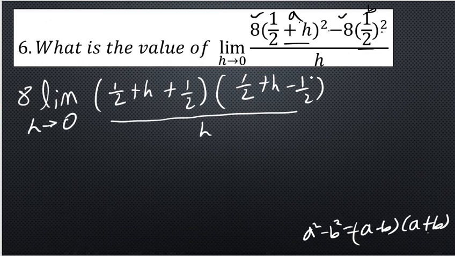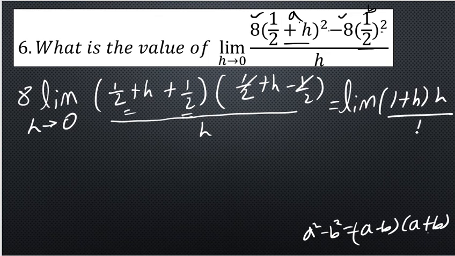Therefore here 1/2 cancels. Here 1/2 plus 1/2 is 1. So what is left? The limit of (1 plus h) times h over h, as h goes to 0. You see, it's condensed. 1/2 plus 1/2 is just 1, and h here, and the other 1/2 minus 1/2 cancel each other, just h left, but don't forget the 8.